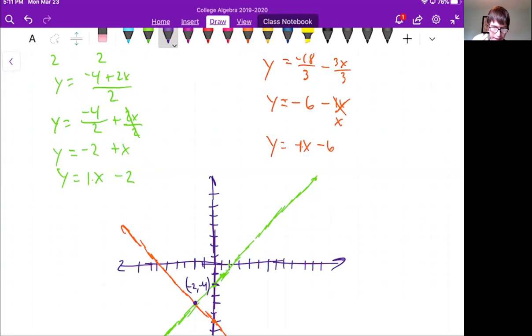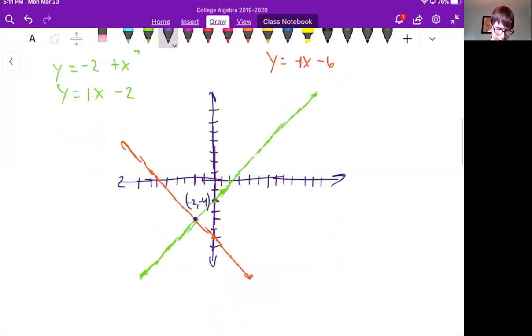And that's the point where they intersect. That's the one point of all these points. That's the green point that solves the green equation. That's the orange point that solves the orange equation, and does both of them at the same time. So this would be the solution of both equations, negative 2, negative 4. Okay, and that's how we solve that using graphs.